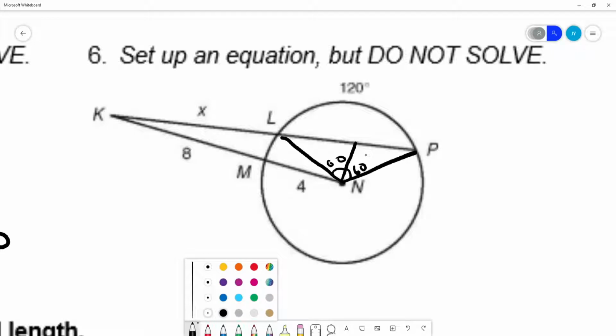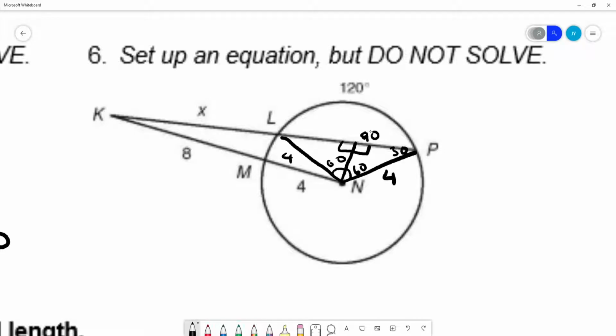Then we can use the 30-60-90 triangle theorem. This is the 90 because it's a linear pair, and because this is bisecting, the other side is perpendicular, so these will both be 90 because this line is 180 degrees. So it's a 60, 90, 30 triangle. This is a special triangle. Again, you have the radius, you know that these sides are both 4, and the side opposite the 90 degree angle is 2x.